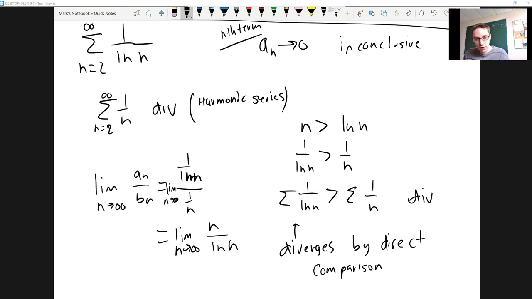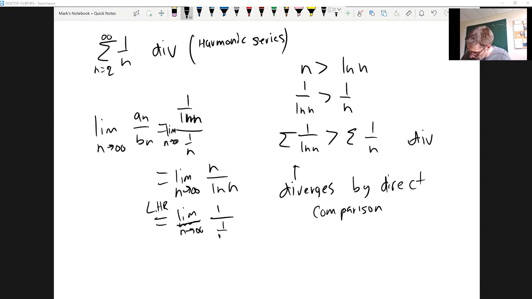And that's infinity over infinity, so applying L'Hopital's rule, we'll take a derivative of the top, and that would just be 1. And derivative of the bottom would be 1 over n. And if you have 1 over n, well, that wants to go to 0, which means this limit must be infinity.